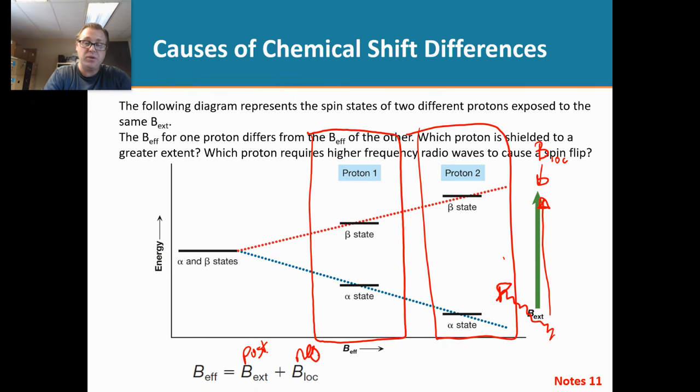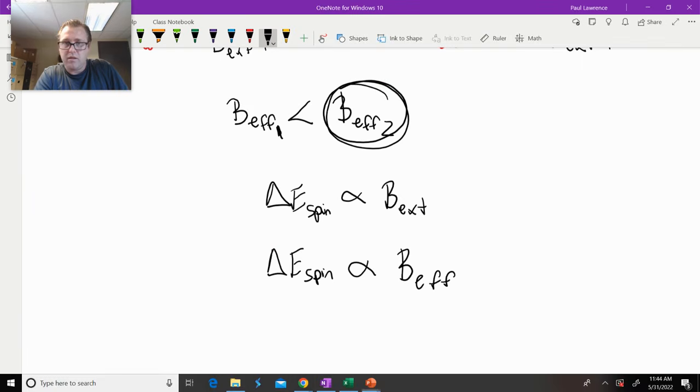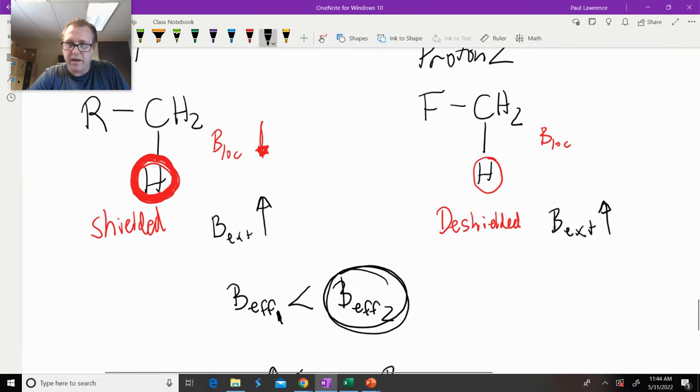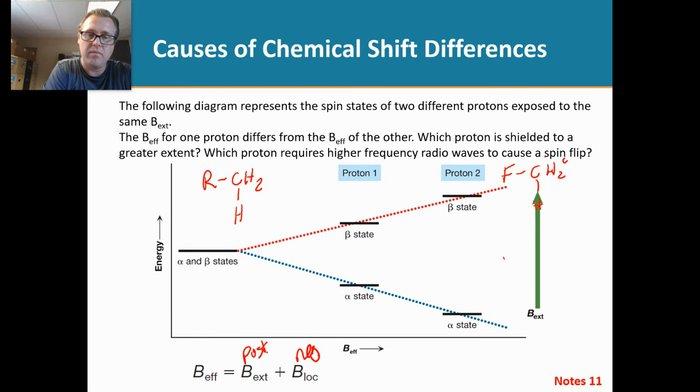So proton 2 is going to be, let's see how can I draw it. Let's draw it over here. Let's make sure I get it right here. So proton 2 is the fluorine CH2, and proton 1 is the R. Okay. So that is proton 1, that is proton 2.